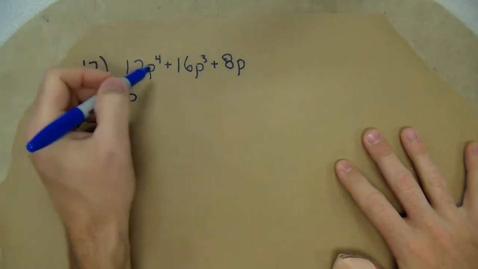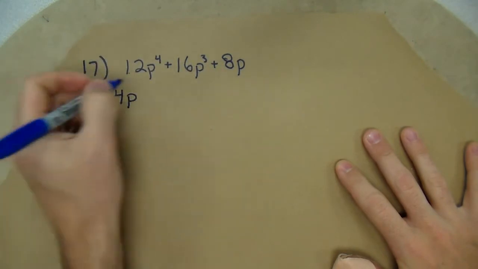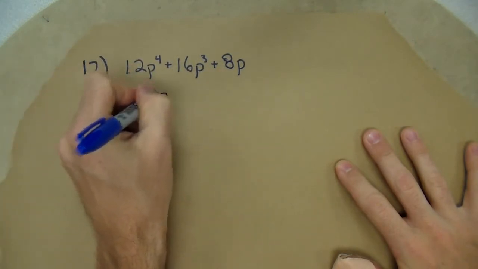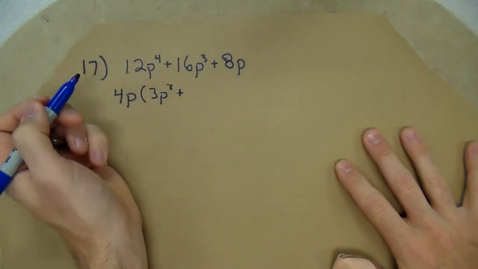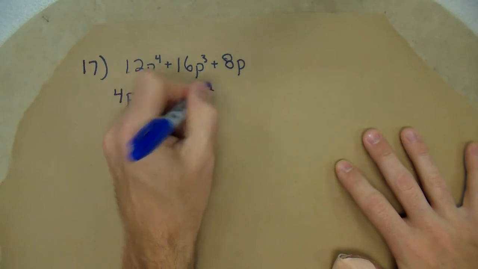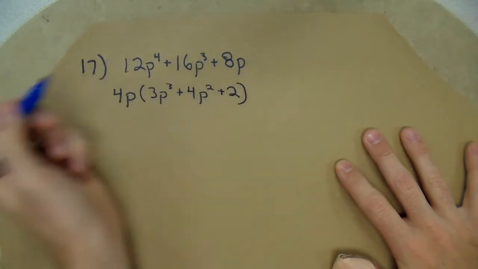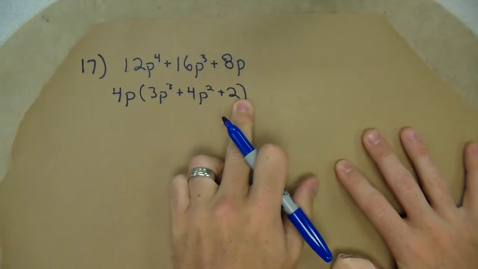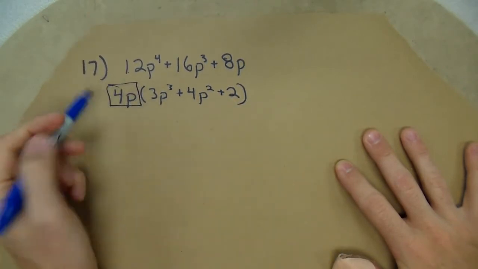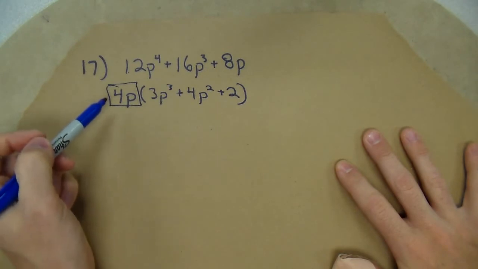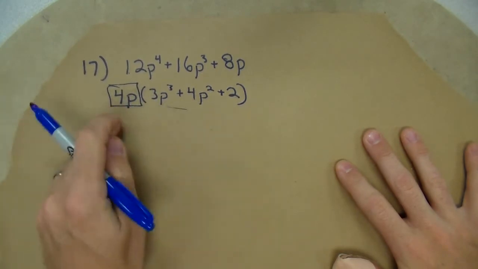All of these are divisible by 4, and each term has a minimum of a p. So it leaves me with 3p cubed plus 4p squared plus 2. Now, I can't factor this anymore. I've taken out the common factor. This is the GCF, so make sure if it's asked just for the GCF, you say it's 4p, but our product we're left with is right here.